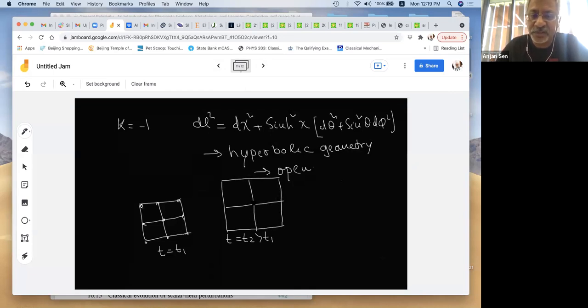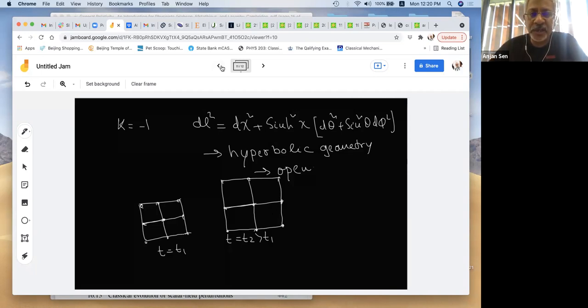The galaxies are actually sitting at the same location, but initially their distance is this, and now their distance is this. This increase is due to the scale factor that I have, A as a function of t. That's the way the universe is expanding, fine.